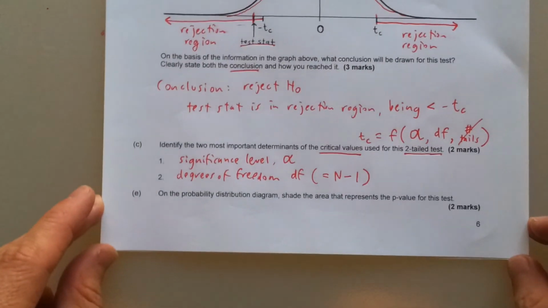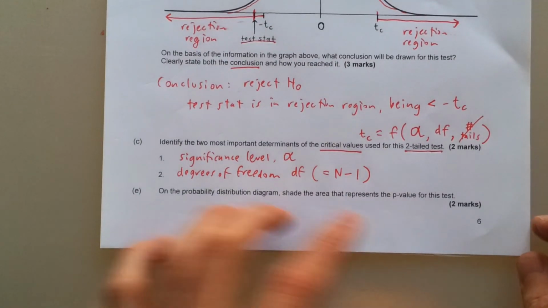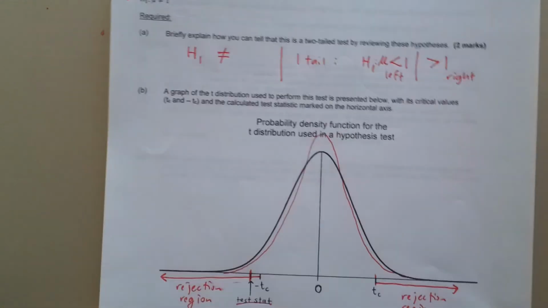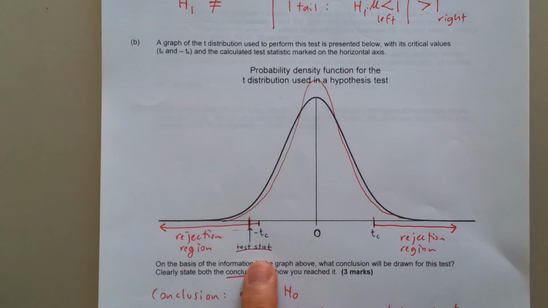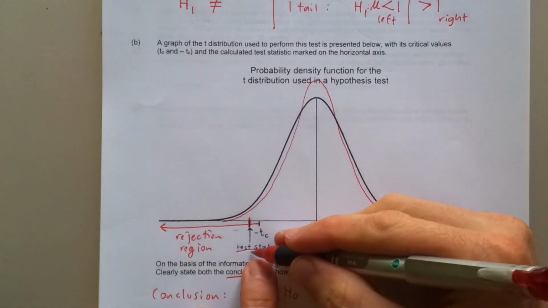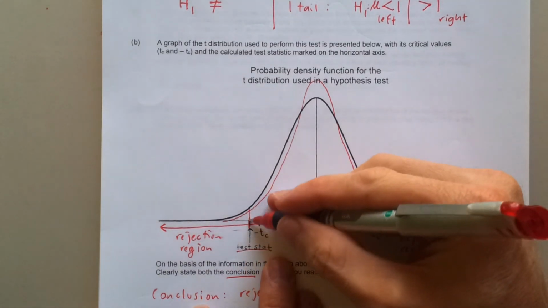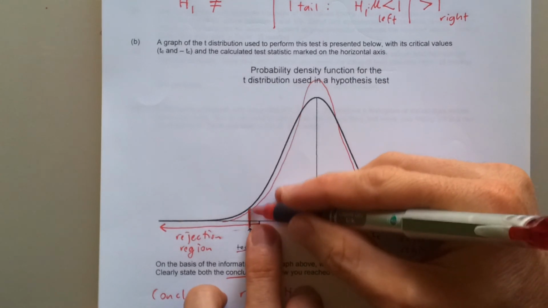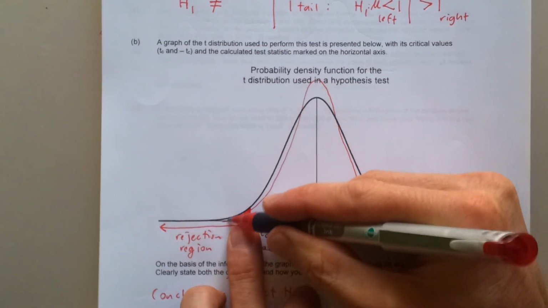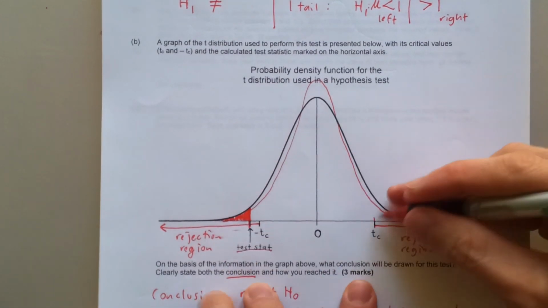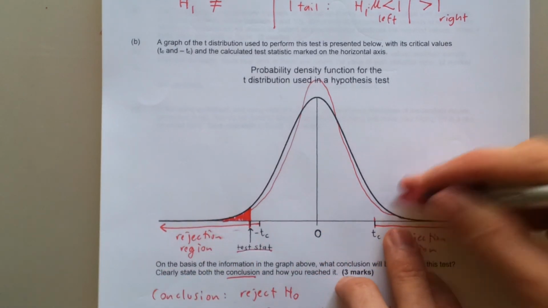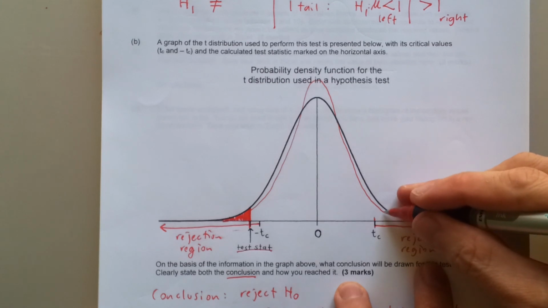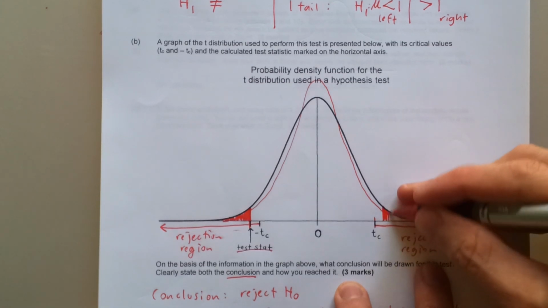And the final question is to shade the p-value for this test. So we'll go back up to the graph of the distribution. The p-value is related to the test statistic, and it's in fact this area here plus the equivalent, symmetrical area on the right-hand side, so here.